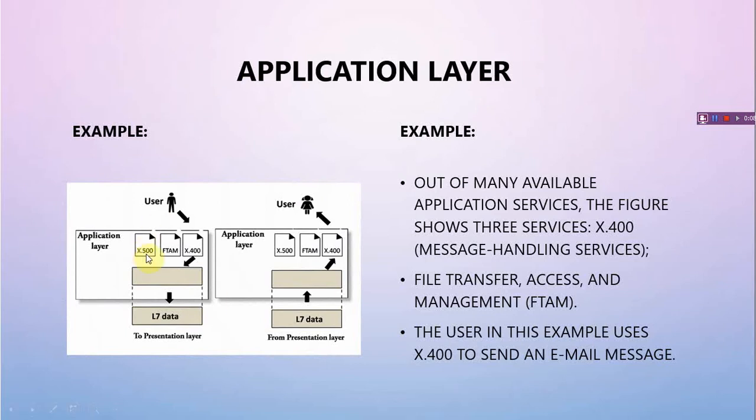For example, here the user is using X.500, FTAM and X.400. X.400 is for message handling services, and FTAM means file transfer, access and management. The data from the application layer then goes to the presentation layer.